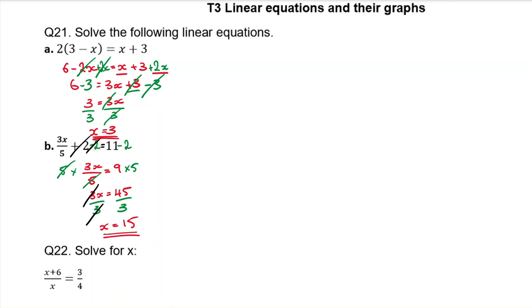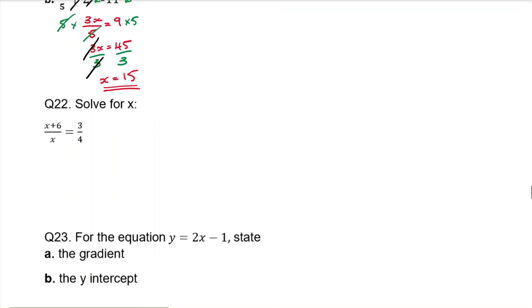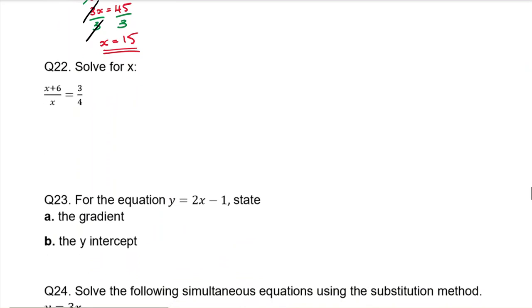Okay, for question 22, it says solve for x. So again, we're just solving. Here we can use a method called cross multiplication. So I'll multiply the 4 with the x plus 6, and I'll multiply this x with a 3.